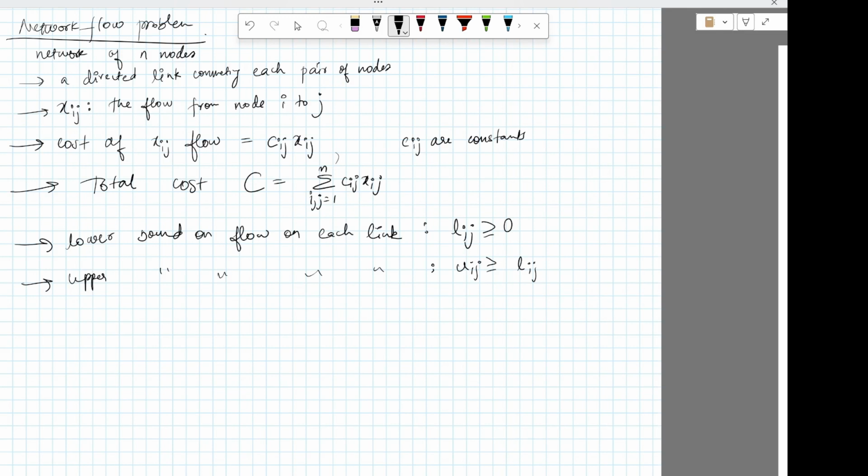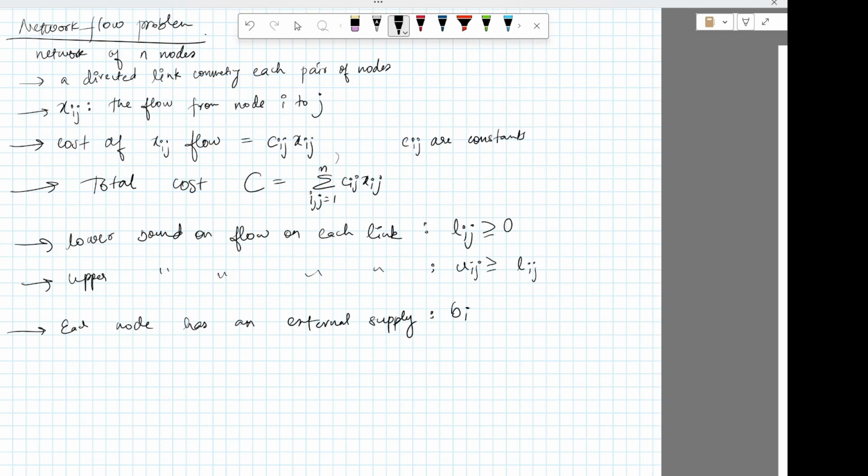And also each node has an external supply bi.